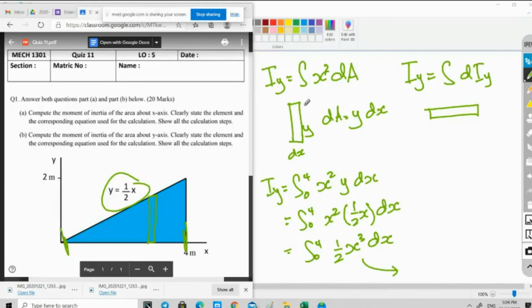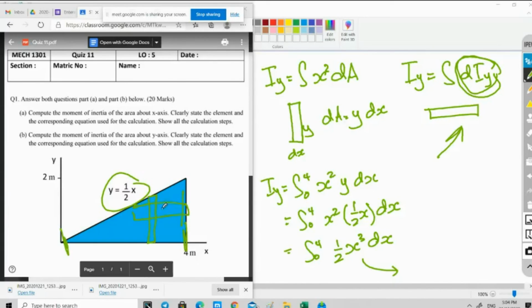So that is how you can get Iy. Now, given that this is the shortest possible way, we do not need to do the other, because first we have to establish what is dIy, and then you have something like 4 minus x or something. To get dIy for this one, it will take a long time, right?